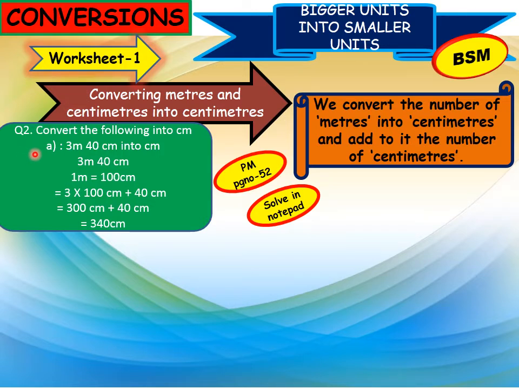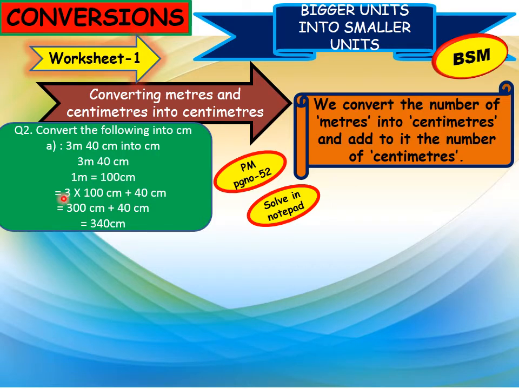Okay, question number 2. Convert the following into centimeter. So here question A is 3 meter 40 centimeter into centimeter. So how to solve it? 3 meter 40 centimeter. As you know, 1 meter is equal to 100 centimeter.